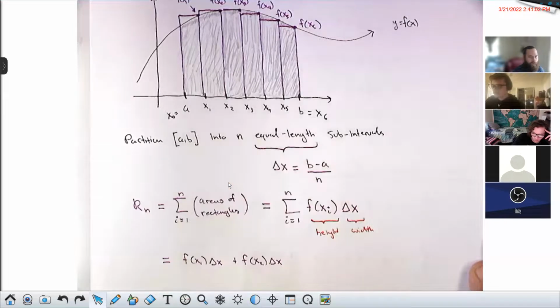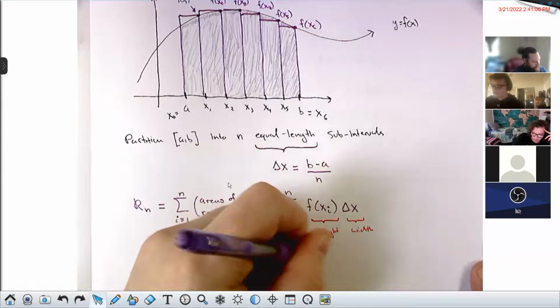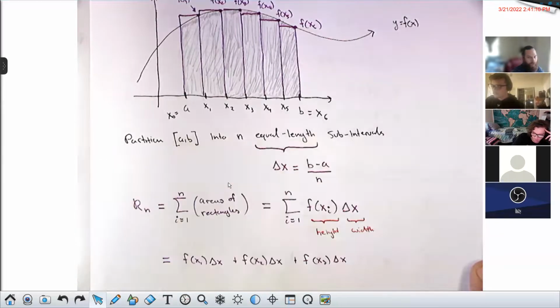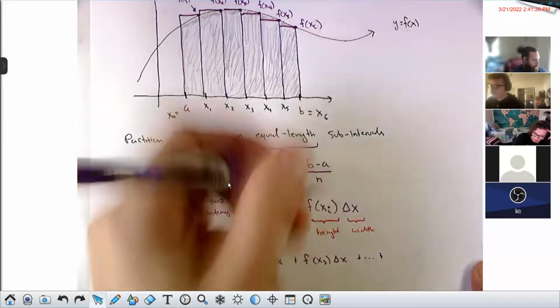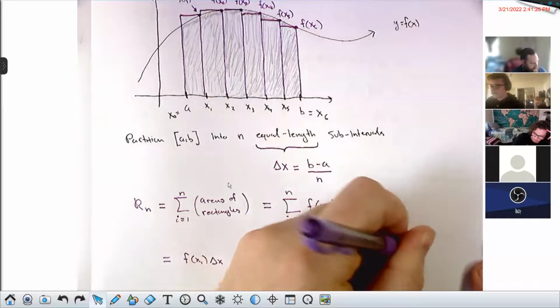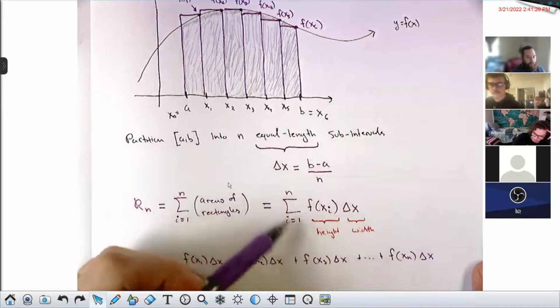That's the area of the second rectangle, plus f of x3 times delta x. That's the area of the third, right? Height of the first times width of the first. Height of the second times width of the second. Height of the third times width of the third. And this would go all the way out until we get to the last one. In the picture, it's 6. In general, it's just f of xn times delta x, because the sum runs from 1 to n.